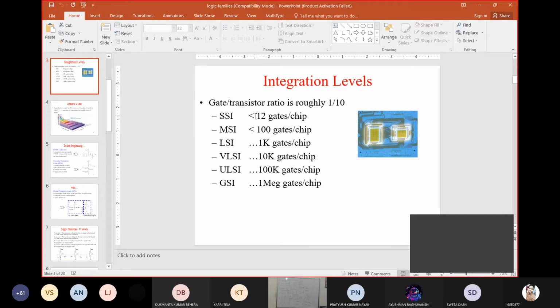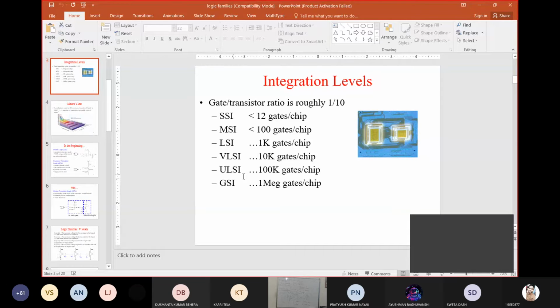This is a rough count, so it is categorized as a small scale integrated circuit. Now, less than 100 gates is called a medium scale integrated circuit. Then 1000 gates, it is a large scale integrated circuit. Then 10,000 gates, 100,000 gates and 1 mega gates.